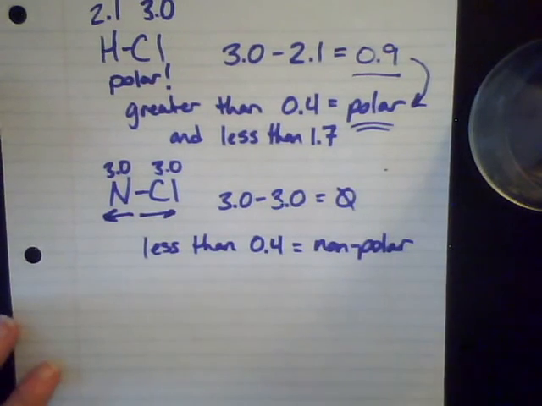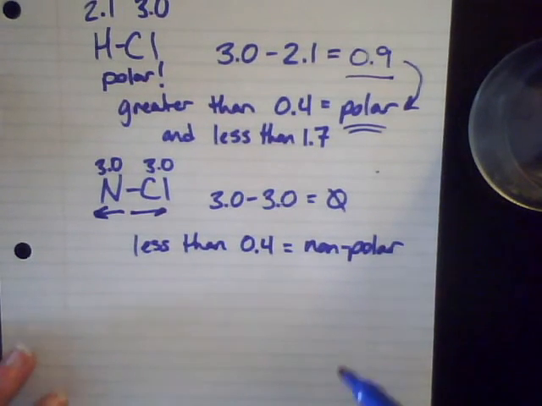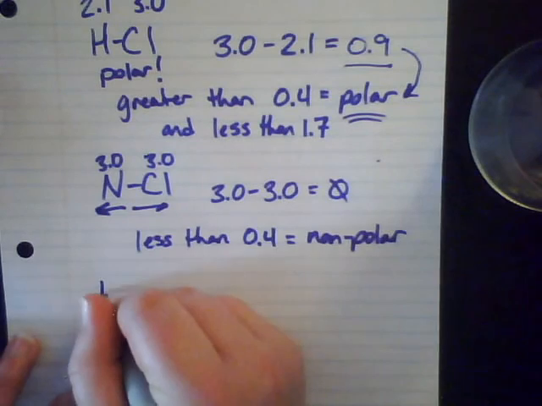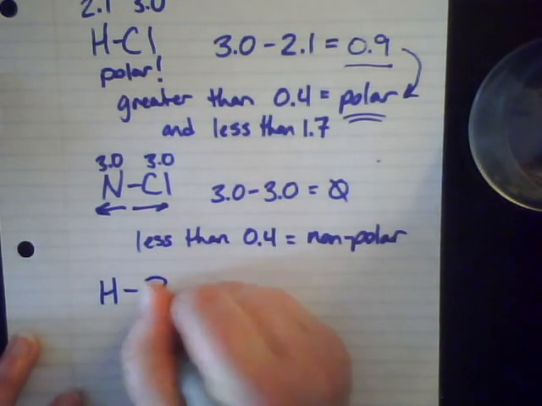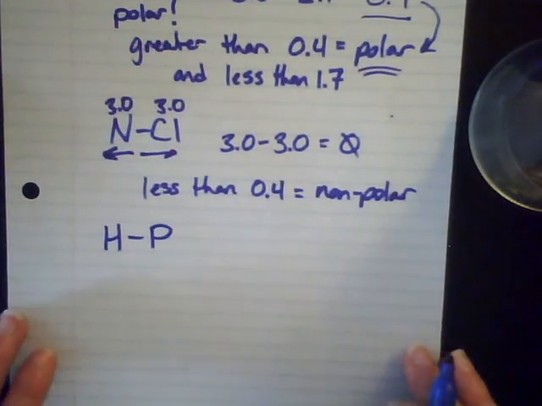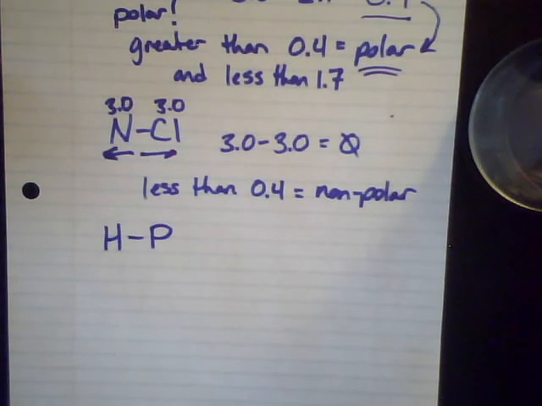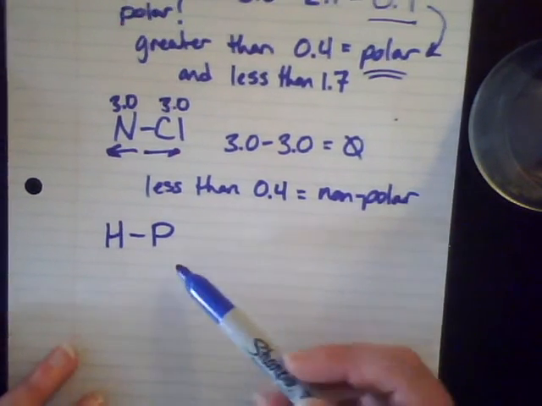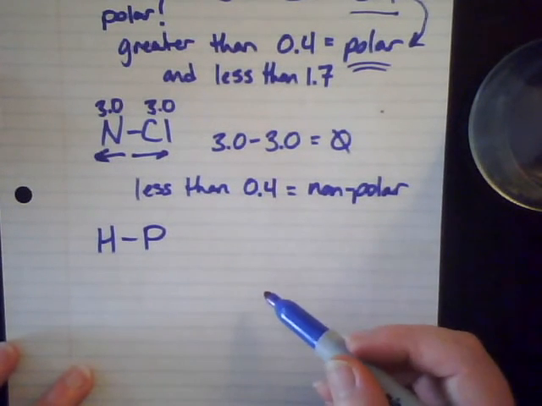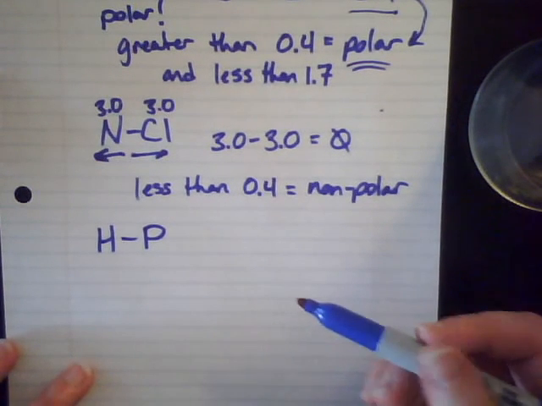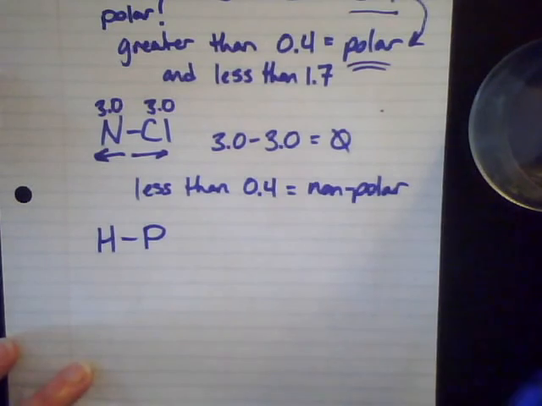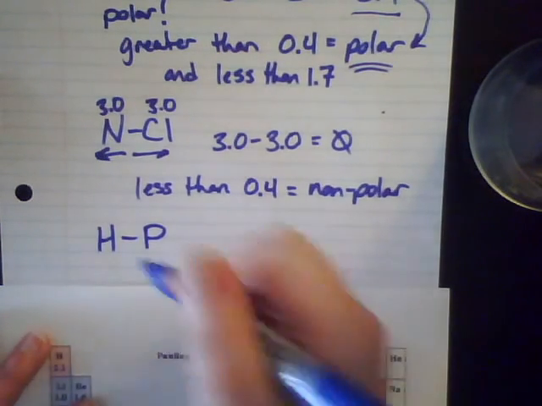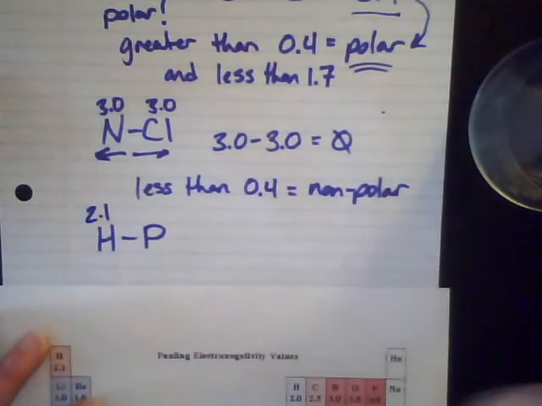Okay, so let's look at another example here. Let's take hydrogen and phosphorus. If we look at hydrogen and phosphorus, again, it's a nonmetal with a nonmetal, so I can automatically say nonmetal with a nonmetal is a covalent bond. But what type of covalent bond is it? So now we go to our Pauling electronegativity scale. We already saw that hydrogen is 2.1.